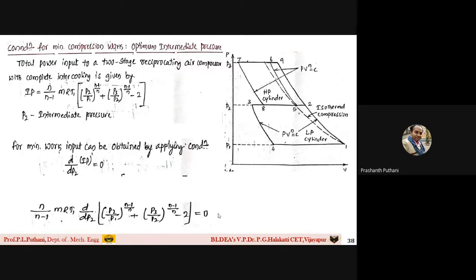On further simplification, students, you have to differentiate with respect to P2. Please observe here. Can anybody tell me what is the differentiation of this first term? Shweta, Omkar, Rafida, Sandeep, Sujain, what is the differentiation of this first term?